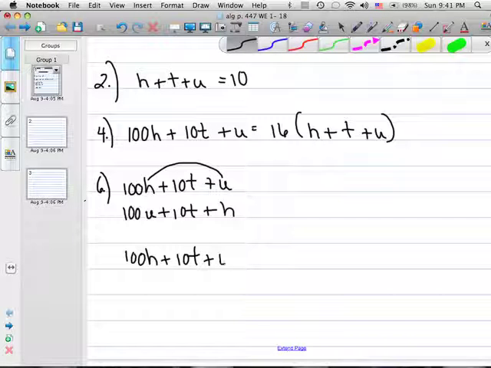So here's the original number minus 198 equals our new number with the digits reversed.